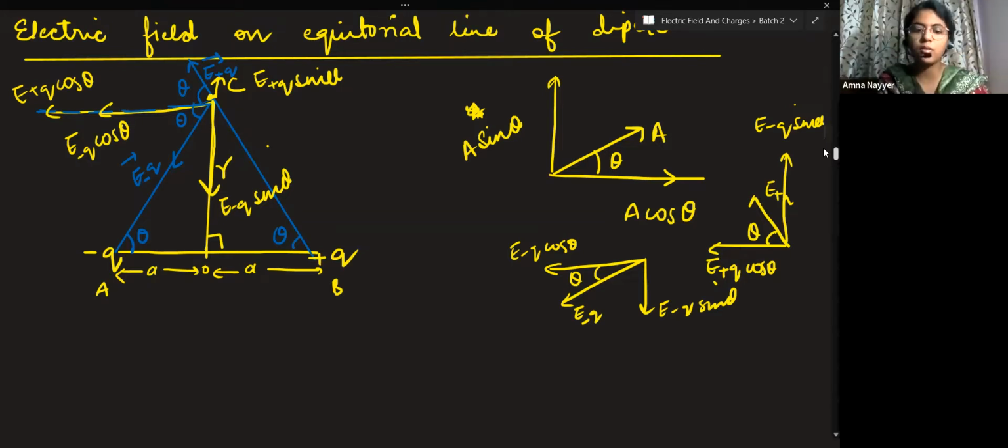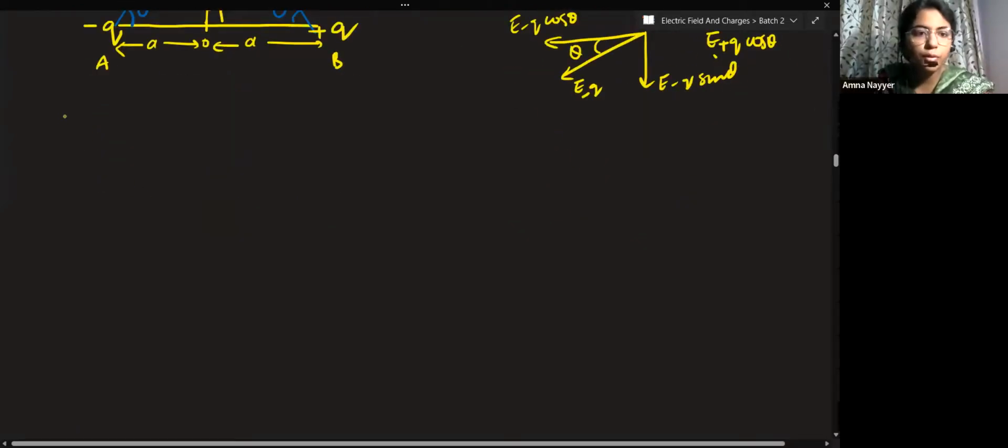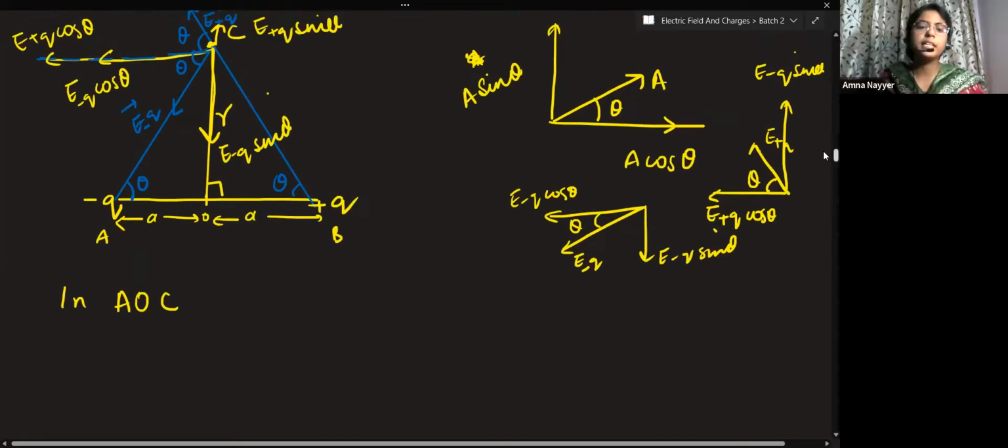We have resolved it. Now let us write the values of E plus Q and E minus Q. Before that, in this triangle AOC, for calculation of electric field, we have to know the separation between the point and the charge.